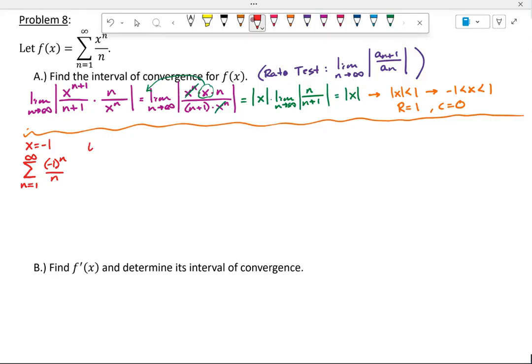I have an alternator there, so let's use the alternating series test. So what do we do first for the alternating series test? The limit as n goes to infinity of 1 over n. What do we want that to be?